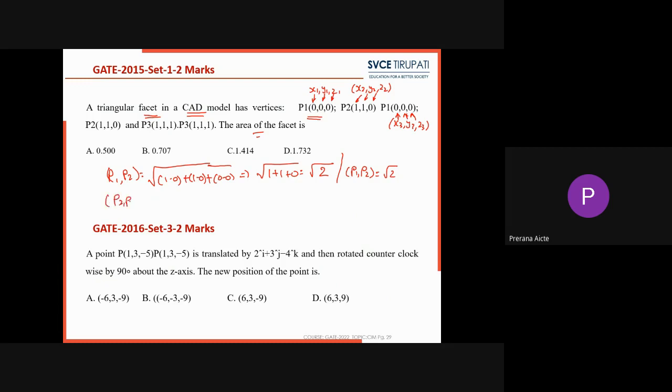Then coming to P2 and P3. If we take these 2 points, P2 is this one and P3 is this one.